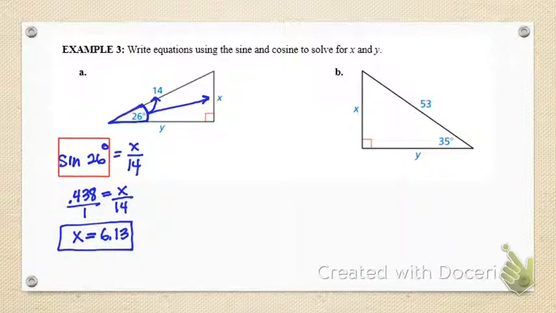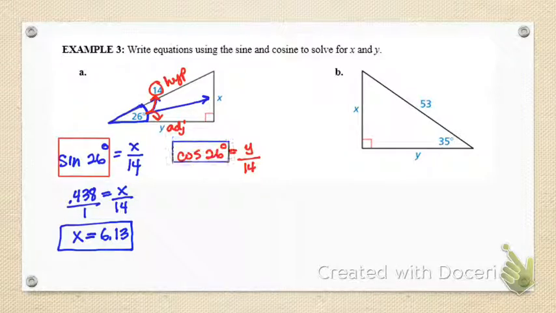All right, we still have to solve for y. How should we do it? Should we use the Pythagorean theorem? No, this time we'll just use the fact that we have the adjacent side and the hypotenuse. In other words, now we can use a cosine. The cosine of 26 degrees should be equal to the adjacent side y over the hypotenuse 14.